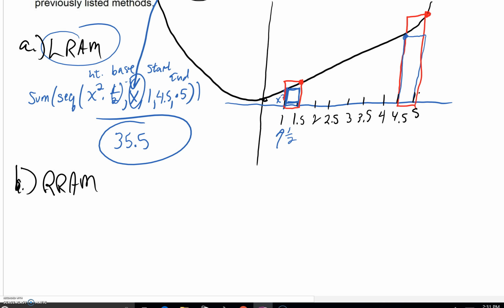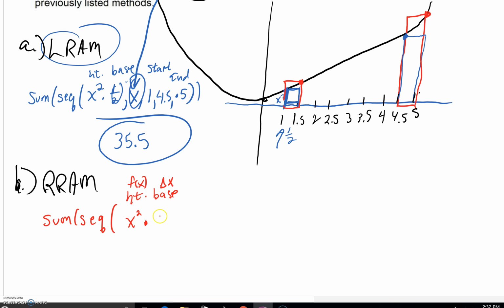It's the right endpoint. So very quickly, someone could say, well, that means my sum and my sequence. Well, Daniel is just asking, where's the x squared and this 1/2 coming from? It's your height times your base. It's always your f of x. The base is always your delta x.